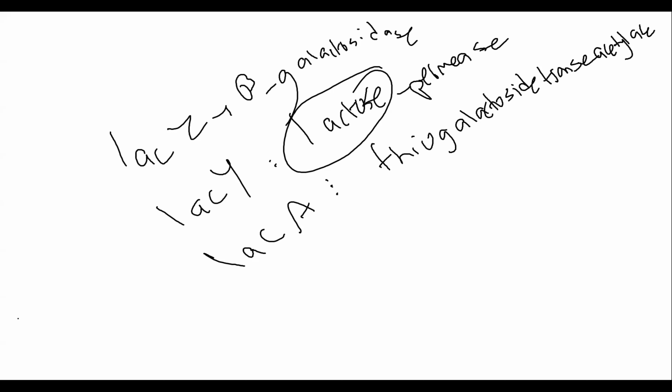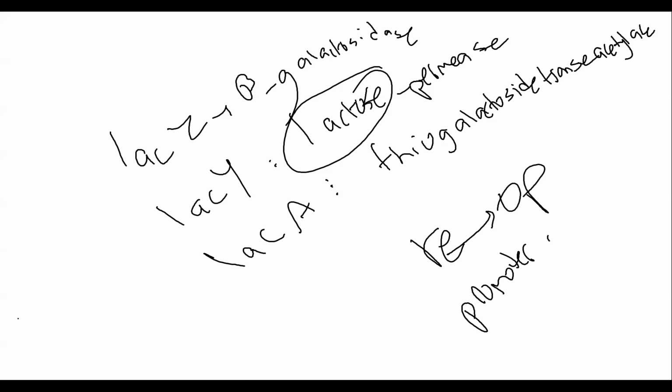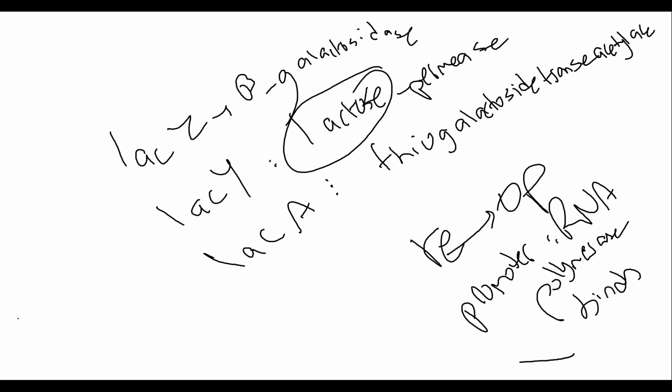We have the operator, the site where the repressor binds to block transcription. So the repressor binds to the operator. The promoter is the site where RNA polymerase binds, because it wants to initiate transcription.